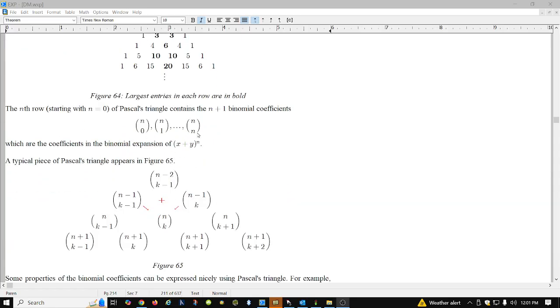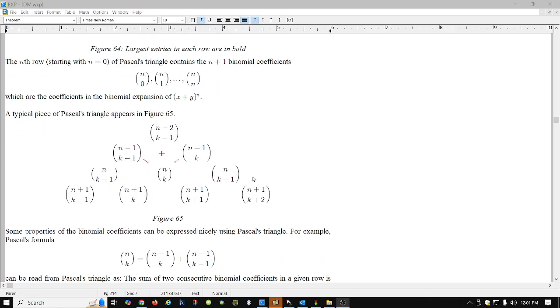These are the binomial coefficients in the expansion of (x + y)^n. Here is a general piece of Pascal's triangle. This row, in general, would have a lot more stuff in it, but I just want to focus on a little portion of the triangle.